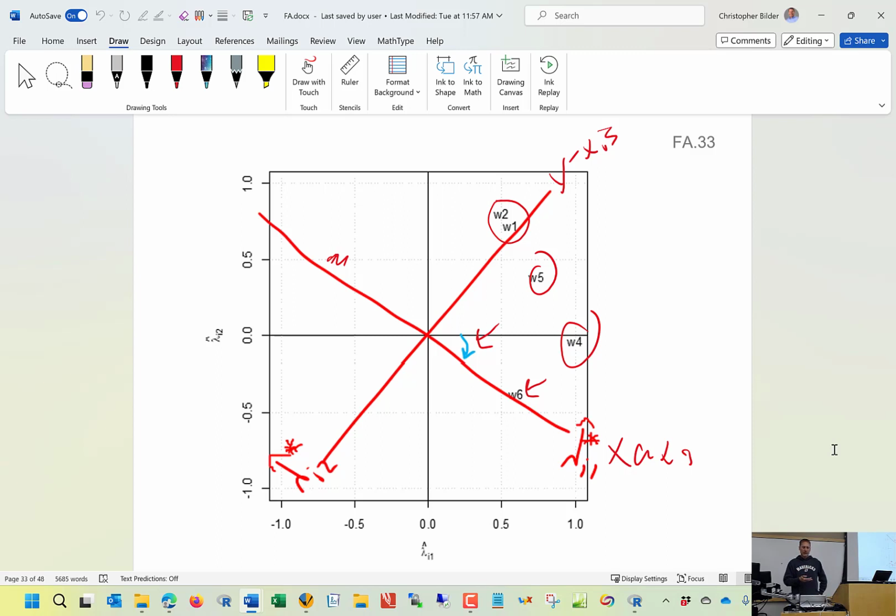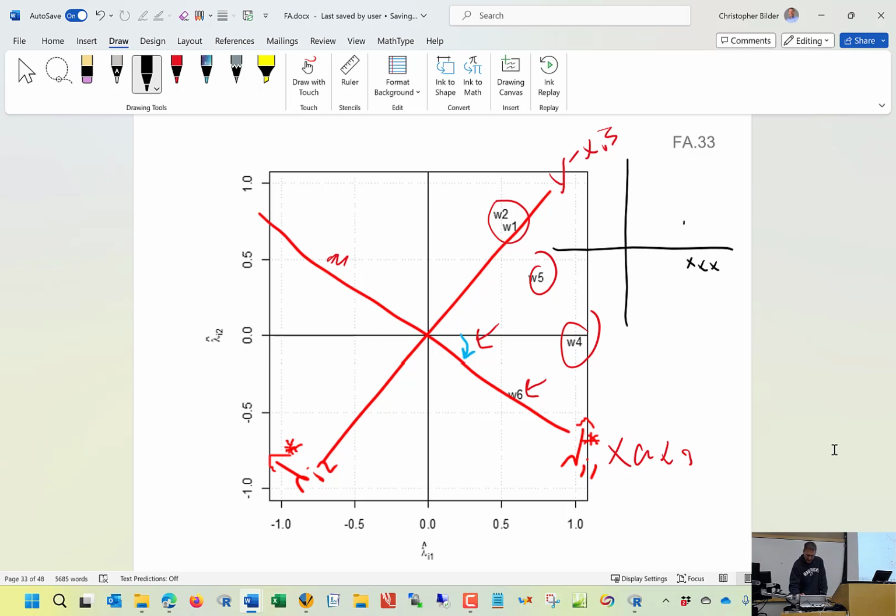Okay? But let's say we have a situation like this. This is not what we have, but let's just say we have some factor loadings that appear right about here, and some that appear right here as well. You might be wondering, when we do this rotation, rather than always keeping the axes perpendicular, or in a larger sense, orthogonal, maybe we could rotate these axes so that it looks something like this.